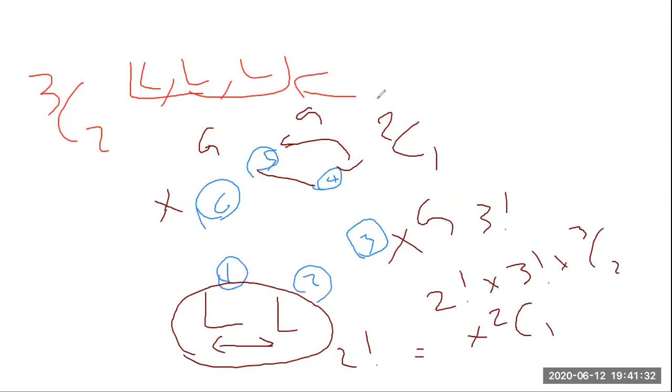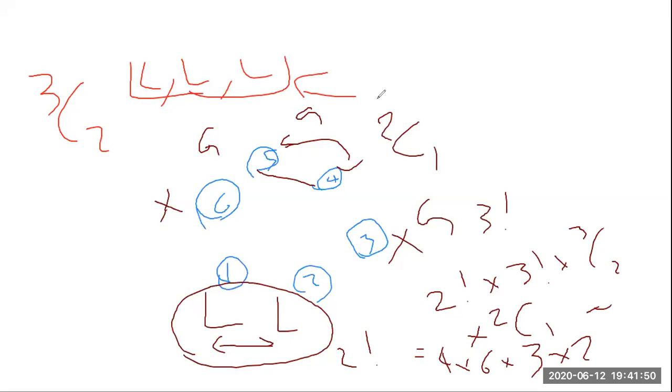So you get 4 times 6 times 3 choose 2, which is just 3, and then you get 20. This seems off.